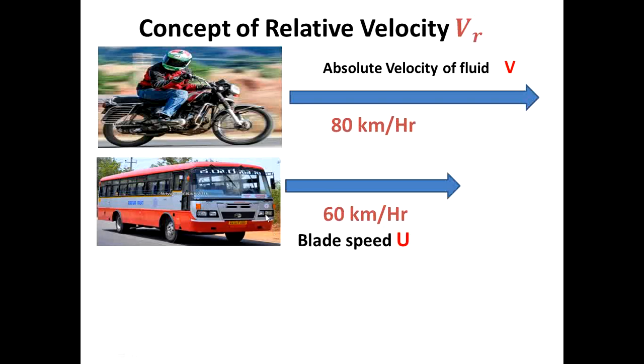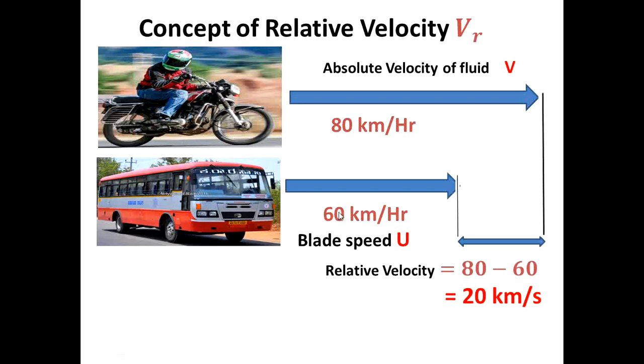Of course, but there will be a speed governor, so we can assume it is 60 km/h. Both are in the same direction. Therefore, the difference between them, 80 minus 60, gives 20 km/h.